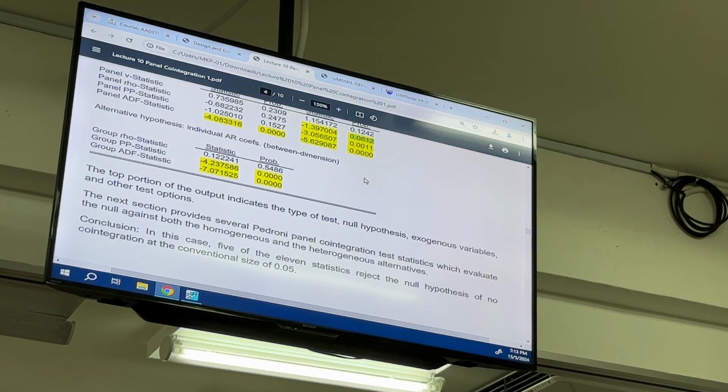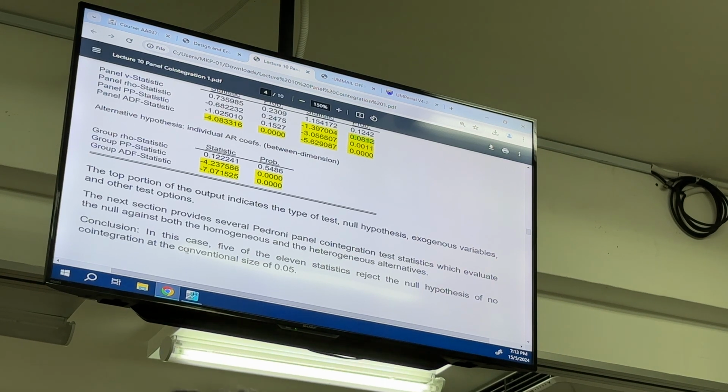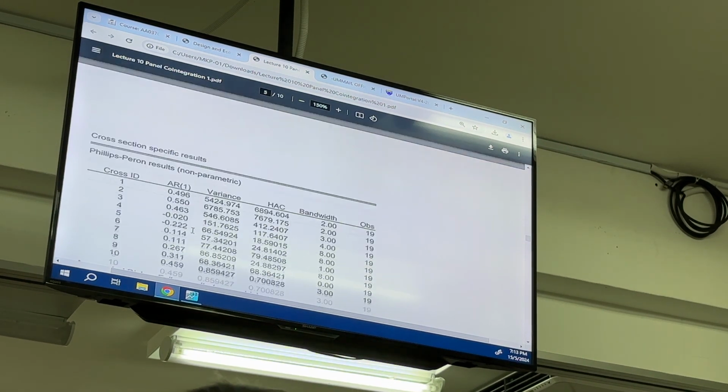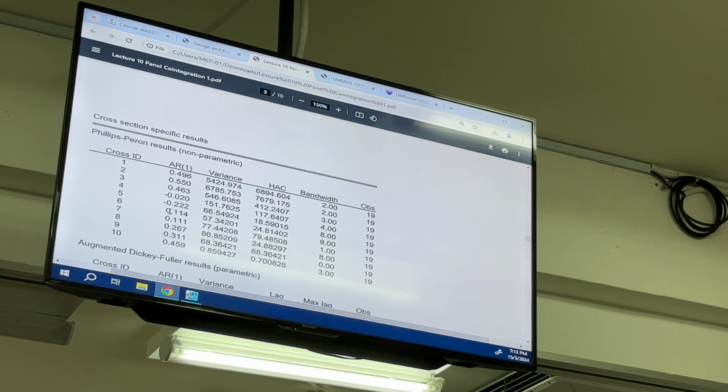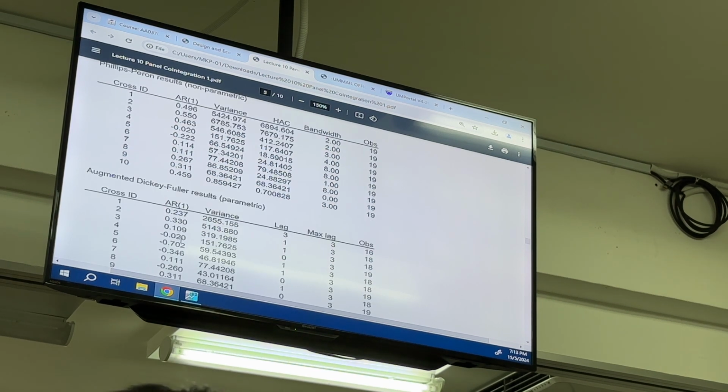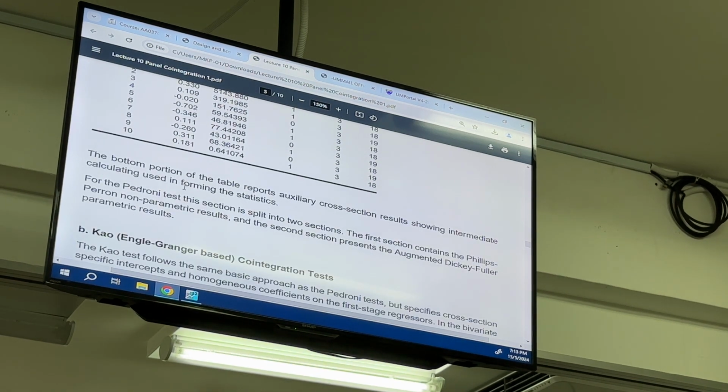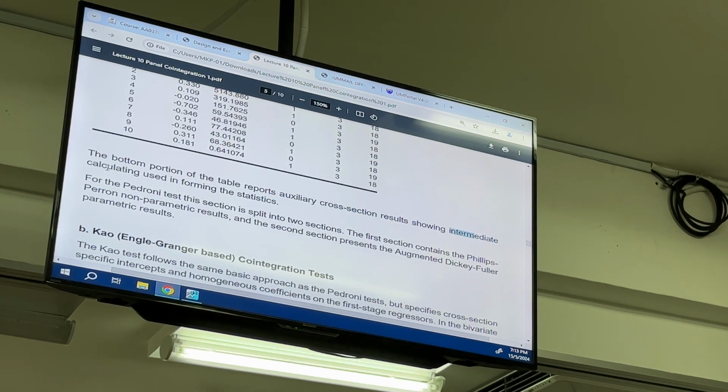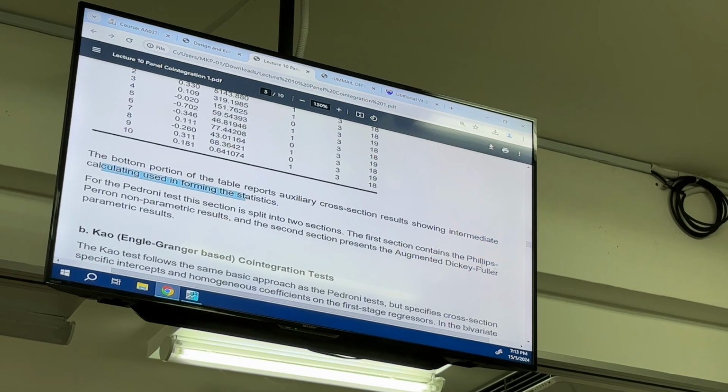So 5 out of 11 show that there is a correlation in the long run, at the 5% significance level. This is our conclusion. Again, you can look at the individual results if you want to check. So we talk about the auxiliary cross-sectional result. You can show it in the intermediate calculator if you want to use this information.